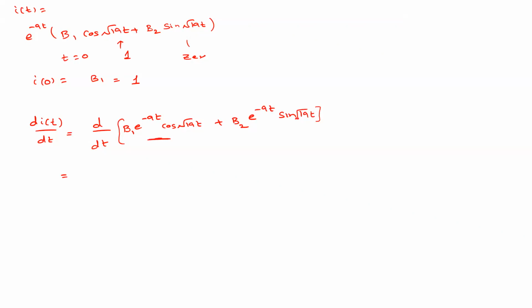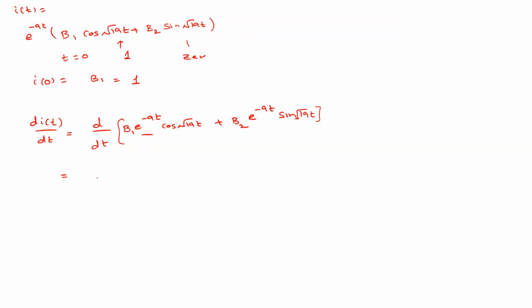So first, the derivative of the first term. How will we write this? There are two terms, right? The UV rule: d by dt of UV. So do this. What will you get?